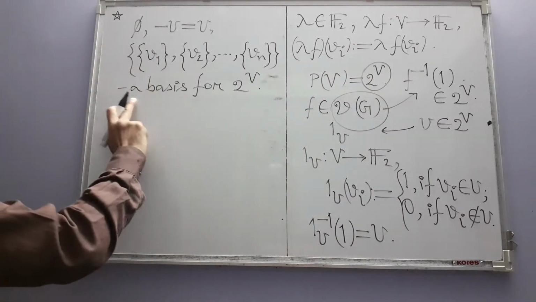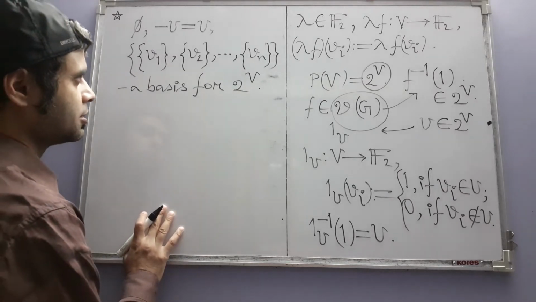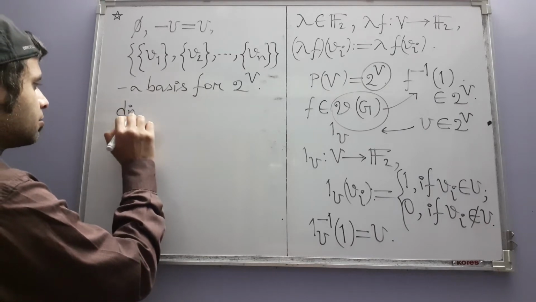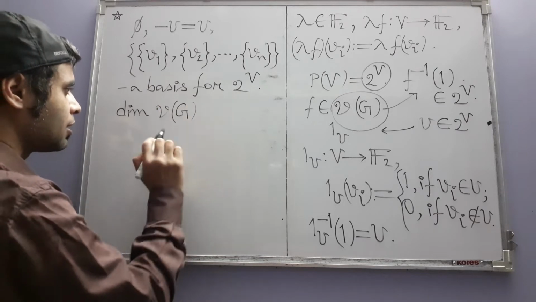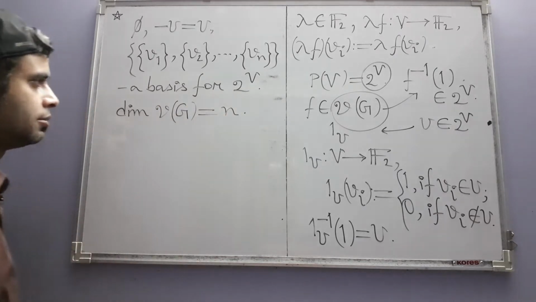It turns out to be the basis for this vector space, and we called it the standard basis, and as such the dimension of the vertex space of G is equal to n.